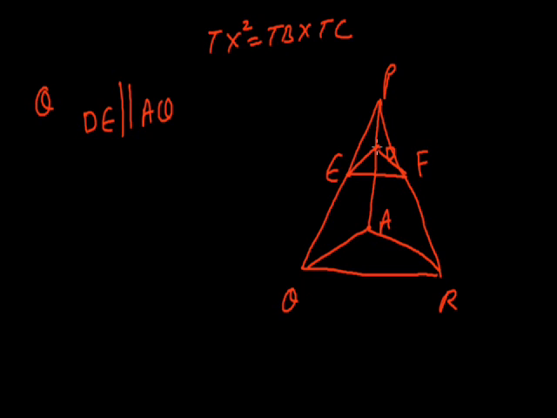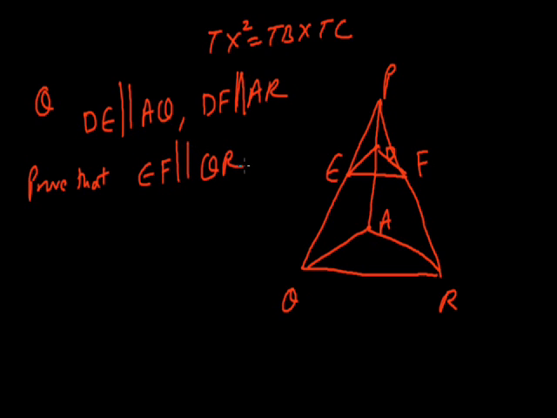And we have to prove that the line EF is parallel to QR. So this is our question. In this question, it is given that DE is parallel to AQ and DF is parallel to AR.